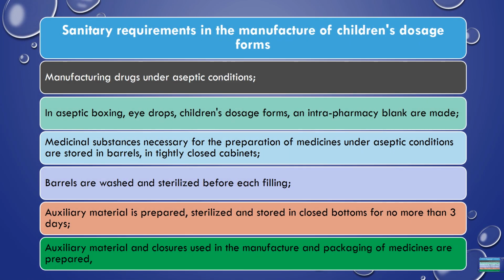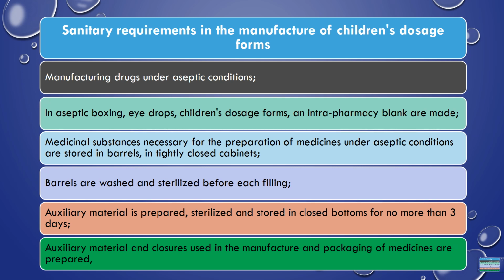What are the sanitary requirements for children's dosage forms? Manufacturing drugs under aseptic conditions. In aseptic boxes, eye drops, children's dosage forms, and intrapharmacy blanks are made. Medicinal substances necessary for the preparation of medicines under aseptic conditions are stored in barrels in tightly closed cabinets.